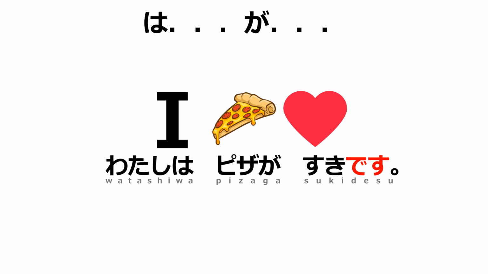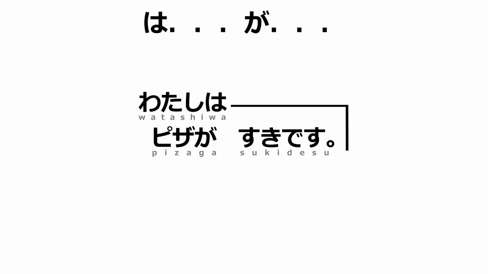And most of what you will hear on the N5 will be in this polite form. So again, you're putting the fact that pizza is liked inside the I box.